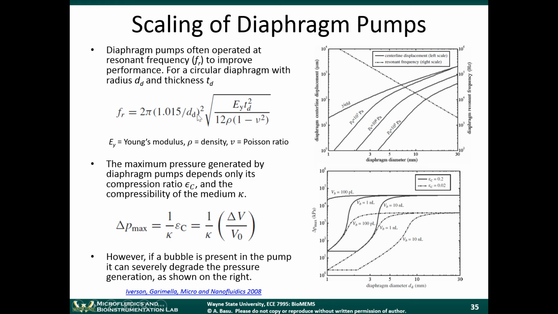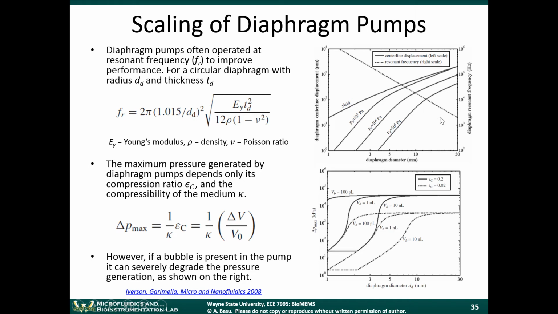The resonant frequency scales as 1 over the diameter squared. So as you go to smaller diaphragms, the resonant frequency increases pretty rapidly. This is showing the diaphragm diameter in millimeters, and this dotted line here is showing the resonant frequency.